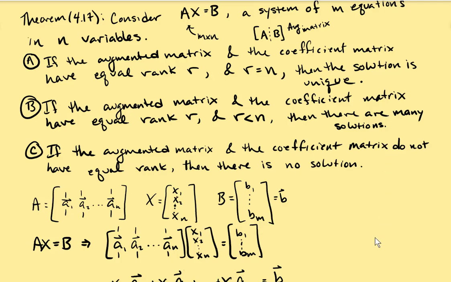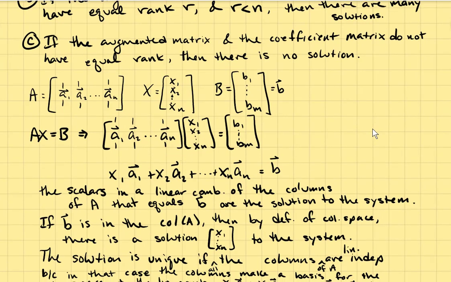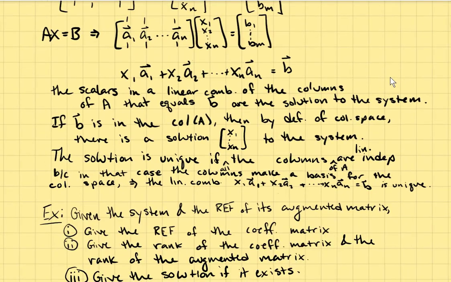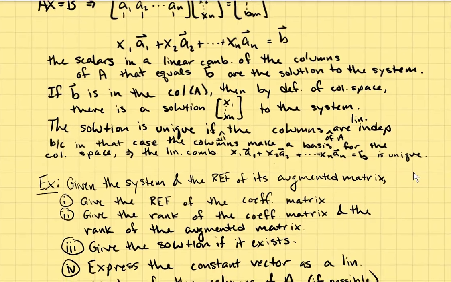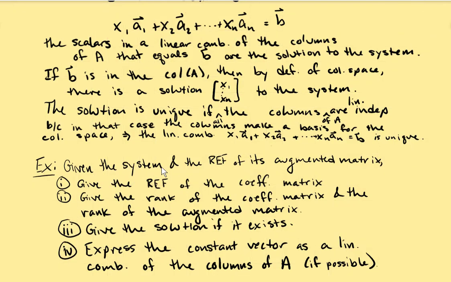So let's jump into one here, keeping this viewpoint in mind where we've got this matrix written as its columns, the x vector of unknowns, and the b vector of constants on the other side. Let's try a few examples. In this example, we're given a system and the REF, the reduced echelon form, of its augmented matrix.